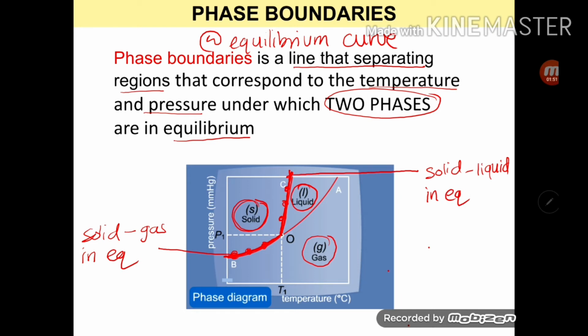The last one is line OA. This is the third phase boundary, which is the boundary between liquid and gas phase. So any point lying on the line OA, the system exists in liquid and gas phase in equilibrium.